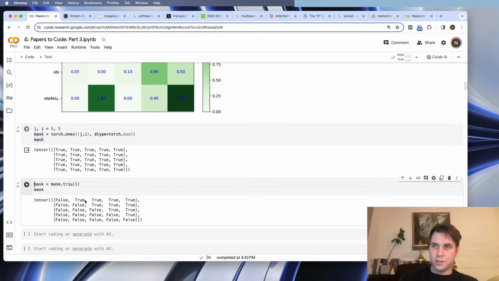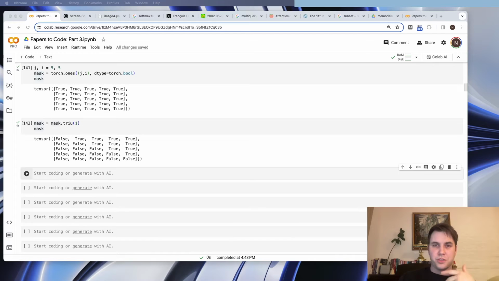But if you wanted, this is the parameter that controls where along this diagonal we actually start applying the mask. So it could be 2, and you see now that the True doesn't start until here. So this just controls which diagonal we're on. We're going to keep it at 1 because we want the first token to see itself and nothing else, the second token to see itself and the previous token but nothing in the future, and the third example will see the first 3 tokens, but it won't see the 4th and 5th, and so on.